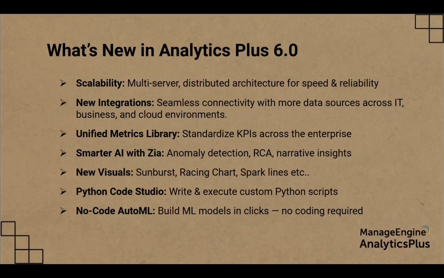And for those who love to customize, the new Python Code Studio lets you write and execute scripts right within the platform. We will be diving deeper into some of these shortly, but this gives you a snapshot of how powerful and future ready 6.0 really is.